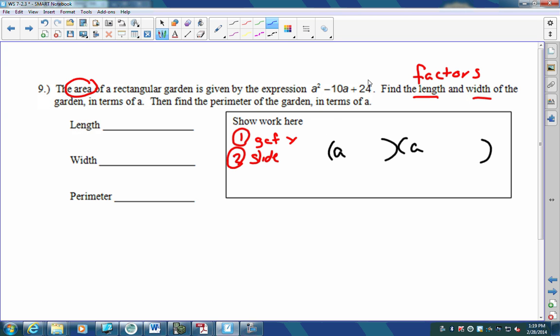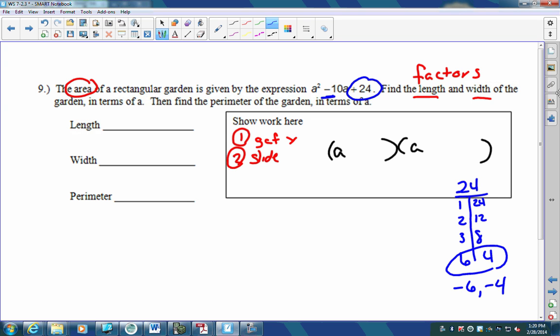I need the factors of 24. What does the factors of 24 need to add up to be? Negative 10. Well, you know, I've got 1 and 24, 2 and 12, 3 and 8, 6 and 4. If I add these two together, it gives me positive 10.